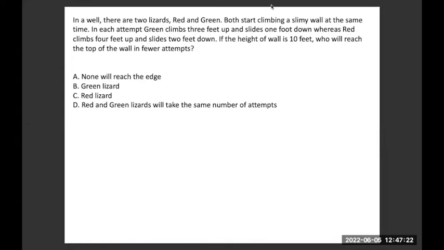Okay. Sure. What happens here? Let's just analyze the condition. The green lizard climbs 3 feet and then falls down 1 foot. The effective total distance is 2 feet.